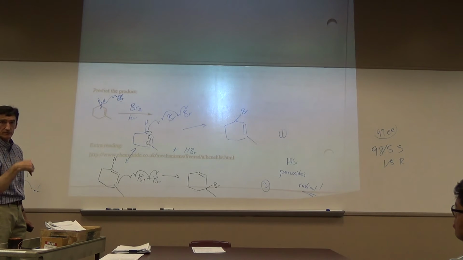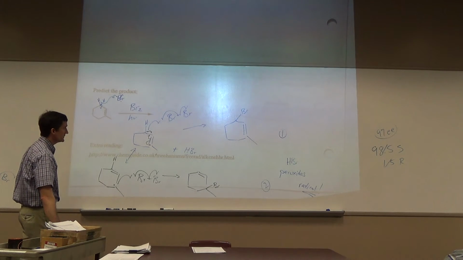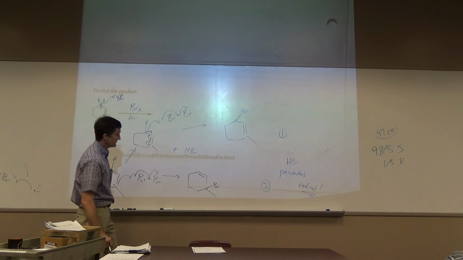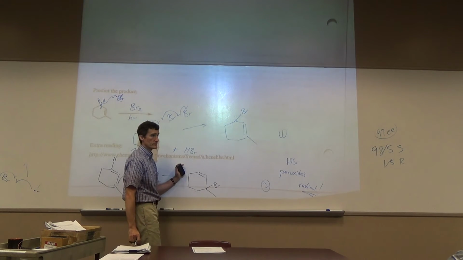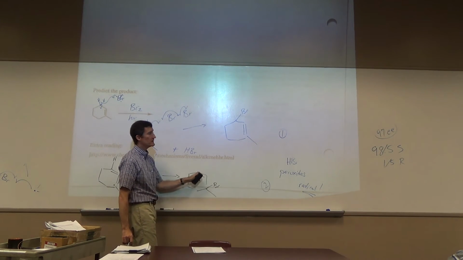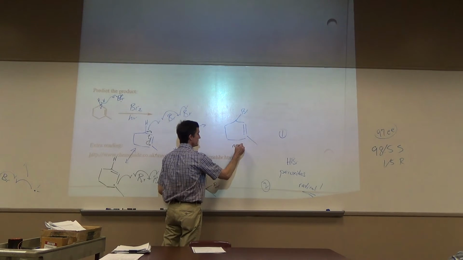It's kind of like on the cover sheet of the E2 where that pi bond sort of moved via resonance. Two different products. Can we predict which one might be the major product? I think we can. It's a disubstituted alkene. That's a trisubstituted. I think this may be major.